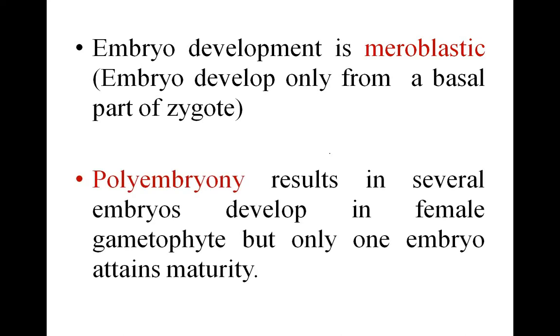And in Gymnosperms many times polyembryony results. Poly means many, so there is development of several embryos in the female gametophyte, but only one embryo attains maturity, that means though there are a number of embryos, the seed formed is only one.